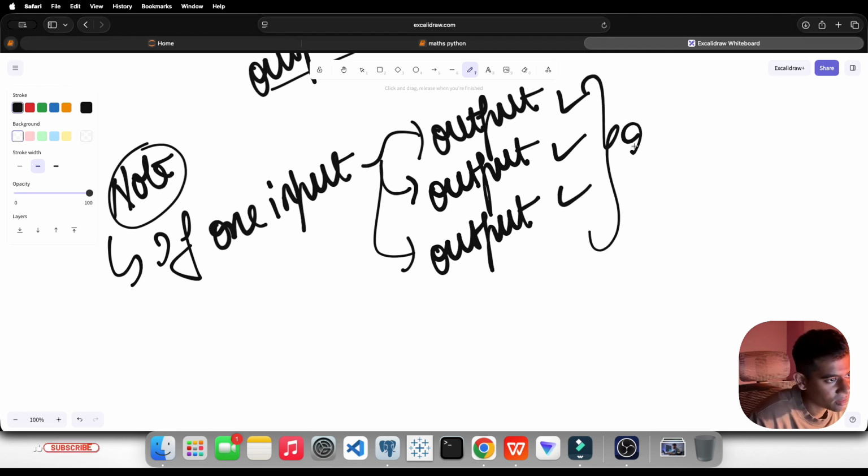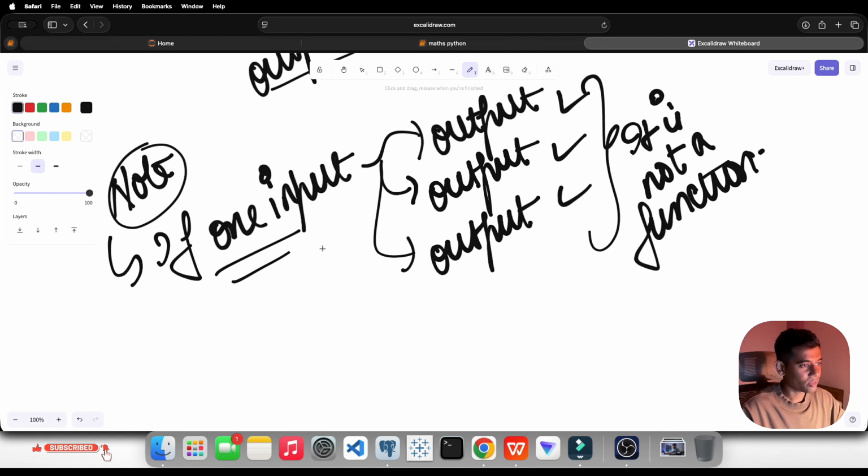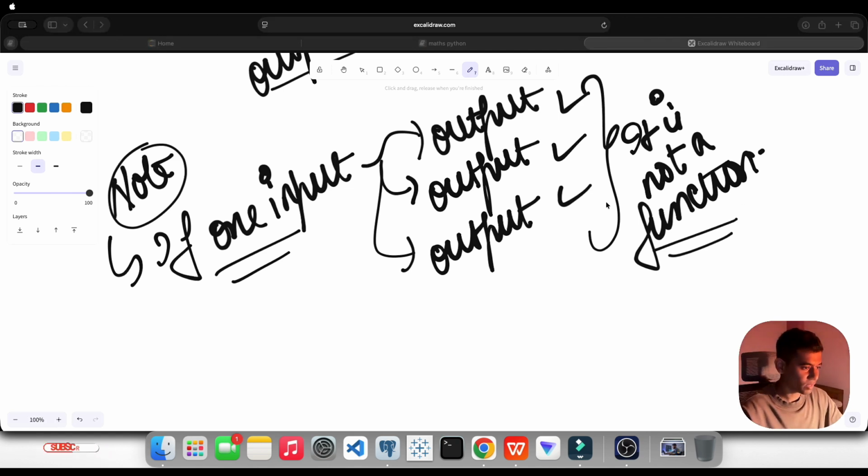It means it is not a function. If one input gives multiple outputs, that means it is not a function, right? Remember this. It's very simple and easy to understand.